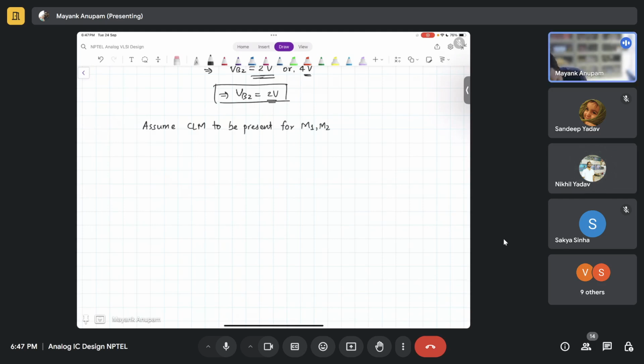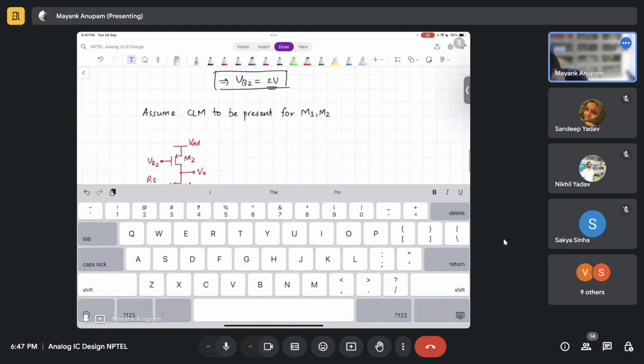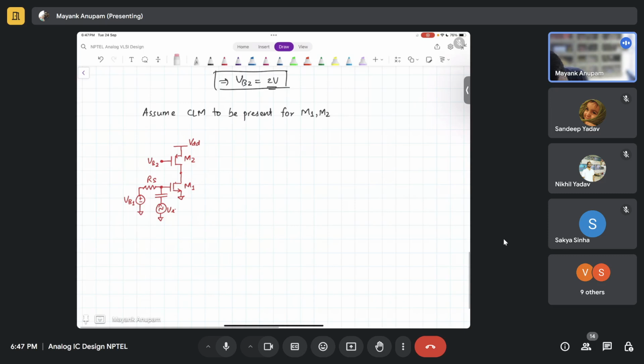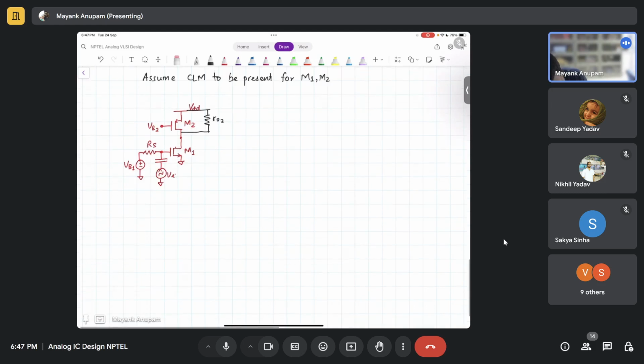Now you will be able to understand it much better. So this is the circuit, right? Now the situation is, this is RO2, and this is RO1, and this is your V out.